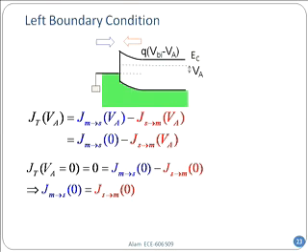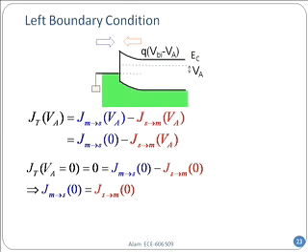As a result, I can say the net current when the voltage is 0 is also 0, and as a result, the current from metal to semiconductor at equilibrium must have been equal to the one going from semiconductor to metal, right? Do you see that? At the voltage 0. That makes sense because at equilibrium, there is no net flux. If there were net flux, the Fermi level couldn't have been flat, right? Fermi level being flat means no current, and no current means the components must balance out each other.